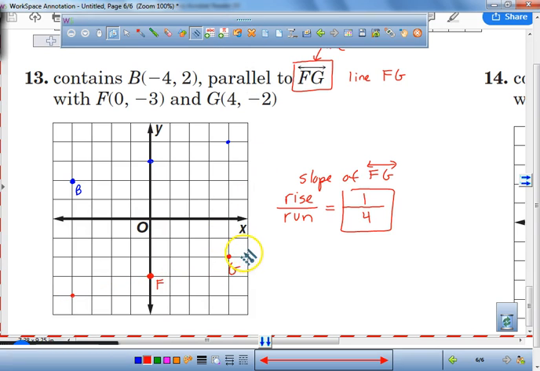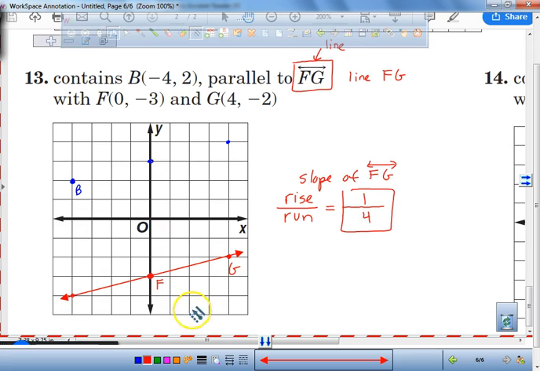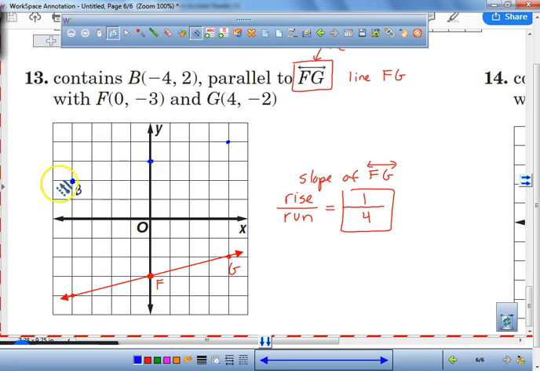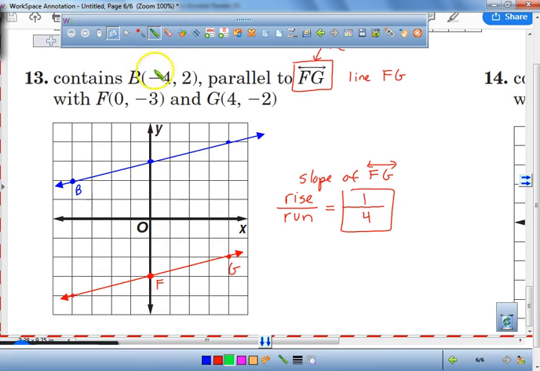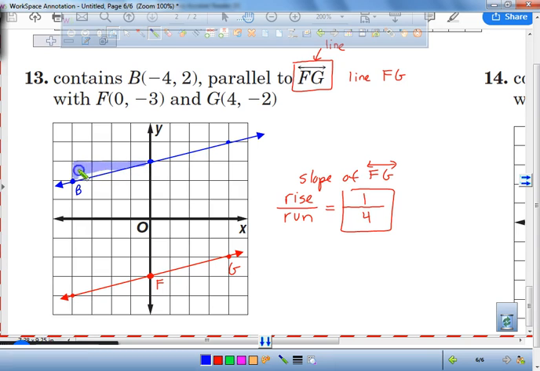Good job. There we go, so there's my line. Here's my other line right here, going through all of those as best as I can. These lines are parallel to each other. How do we prove that? Because parallel lines have the same slope.